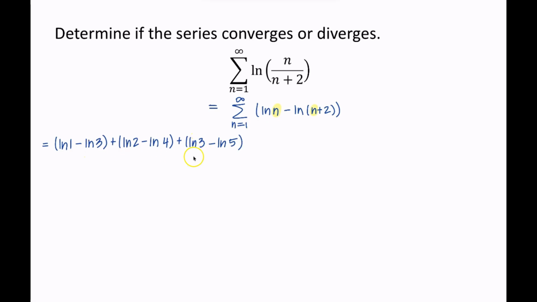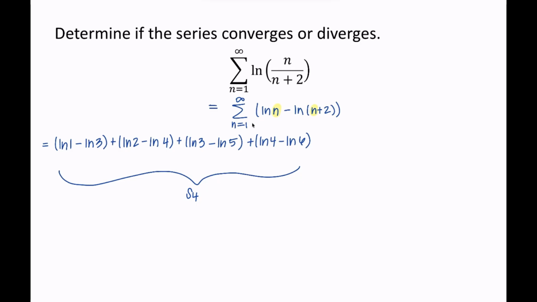So I do have some canceling that's going to happen. Let's go ahead and write out one more term. If I substitute in 4, we're going to have plus natural log of 4 minus natural log of 6. So here we're adding the first 4 terms, so all of this is going to be s sub 4.